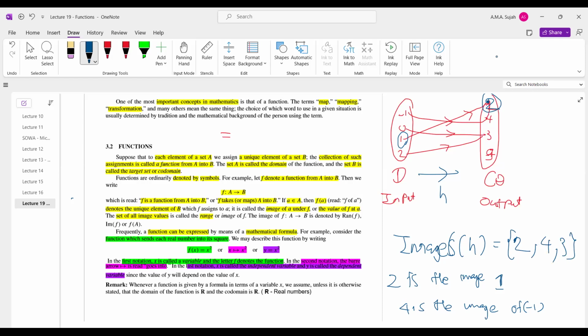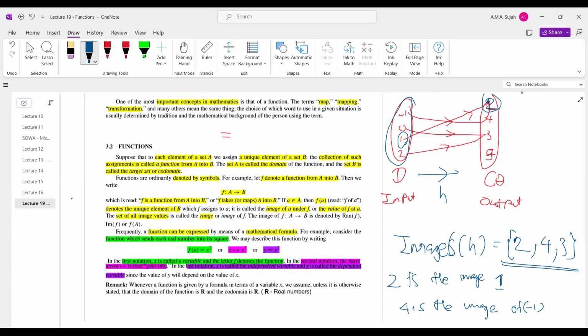We cannot include 9. Maybe for some different input variable, 9 also comes. But for the specific set of inputs, the output elements assigned with the domain are what we call images.